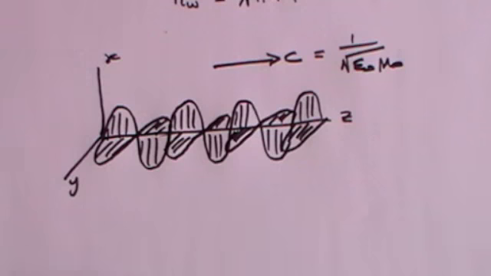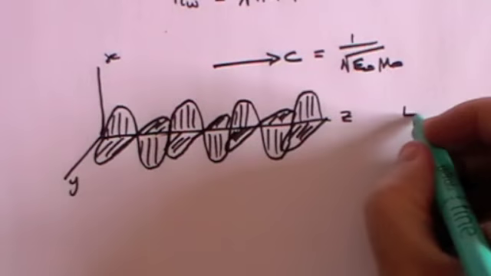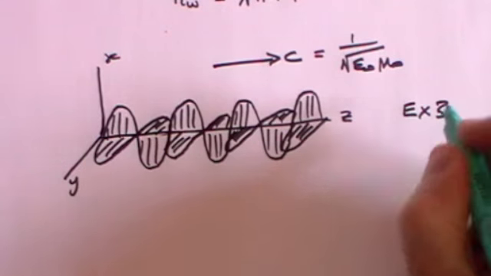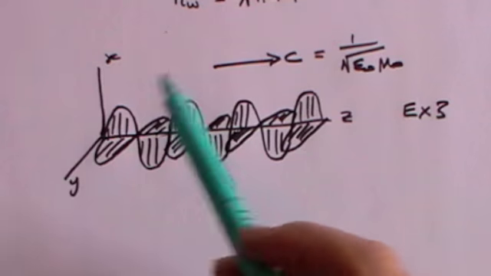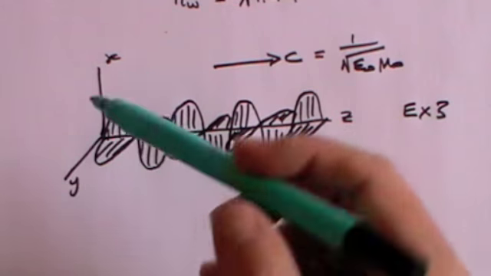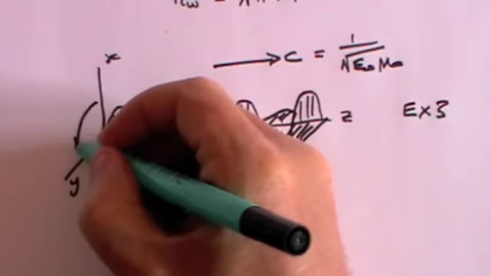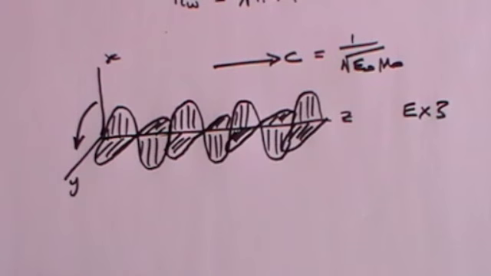And we said that if you want to know which way the B field oscillates with respect to the E field, you use the E cross B, or the corkscrew rule. That is to say, you take the E field, which is in the x direction, and you turn it towards the B field in the y direction, and you ask yourself, if that were a corkscrew, which way would the corkscrew move?